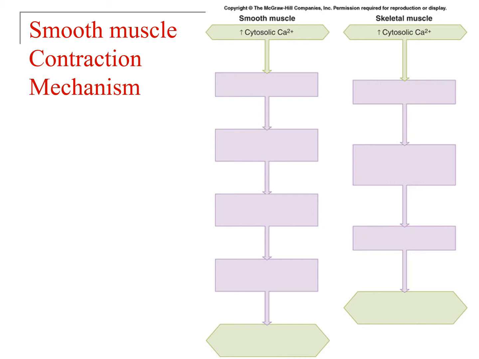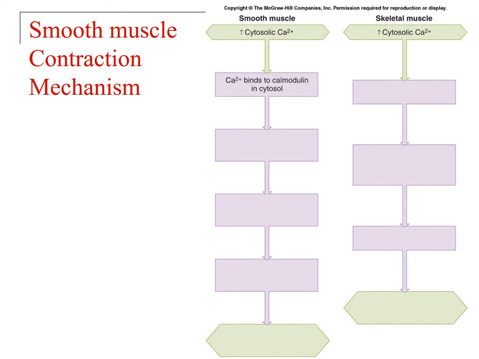The mechanism by which the sarcoplasmic reticulum is prompted to release this calcium does differ between skeletal and smooth muscle, but those differences are a bit complex to get into in this course. The biochemistry is very different.